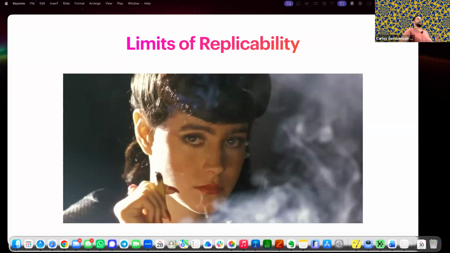In science, we need reproducibility or replicability to test the theories. And I think around 80% of the experiments did not replicate the results that were originally found in the original studies.